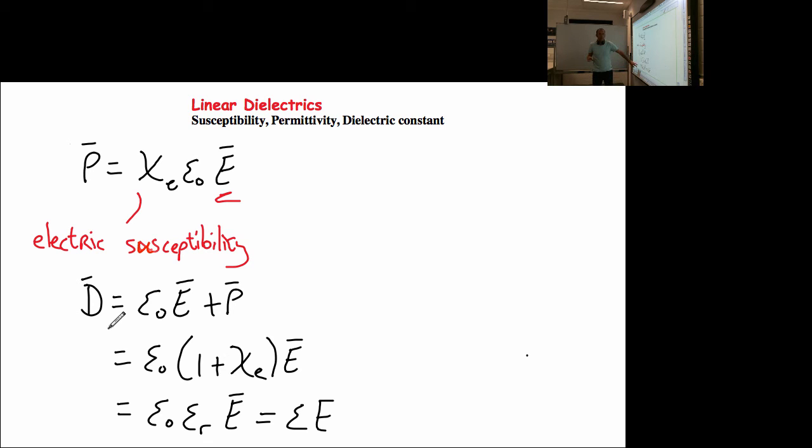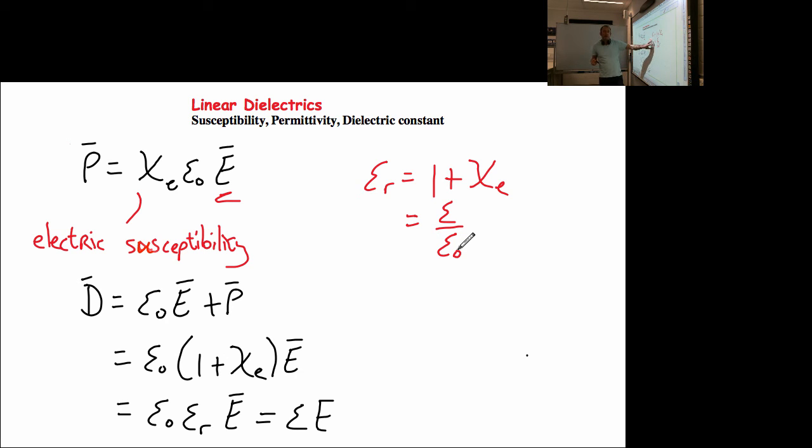Okay, so in here what we've written is that our relative permittivity is given by 1 plus chi e, which is equal to epsilon divided by epsilon naught. And the relative permittivity is dimensionless.